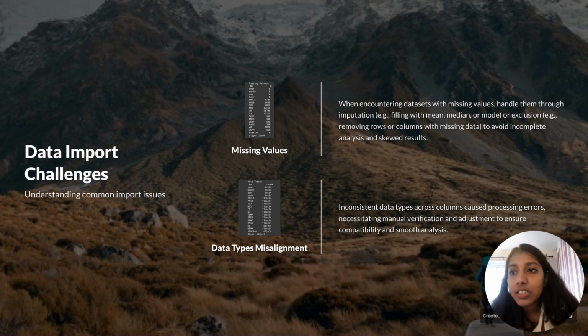If we find any missing values, ideally we will handle them by imputation or by discarding the rows and columns. Another issue is data misalignment, which means inconsistent data types, which we handle manually for a smooth process.